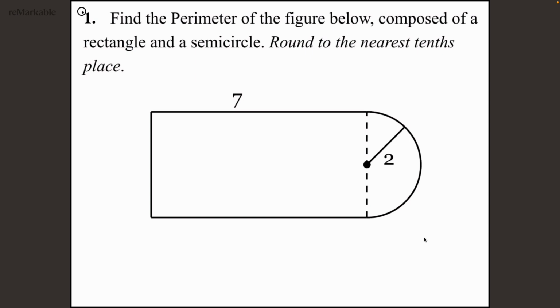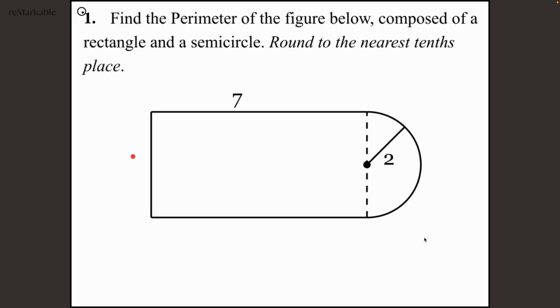Let's look at this one. It says find the perimeter of the figure below, composed of a rectangle and a semicircle. Round to the nearest tenth. Let's find our missing sides first before we get to the semicircle.